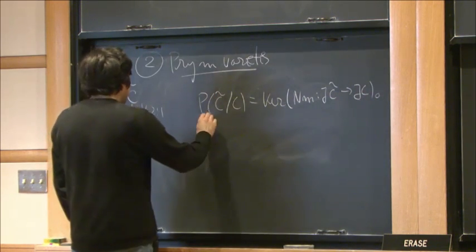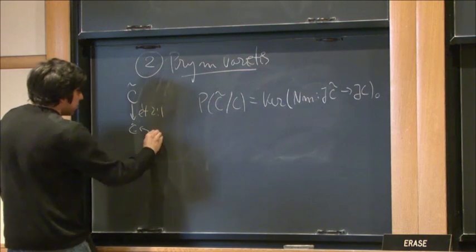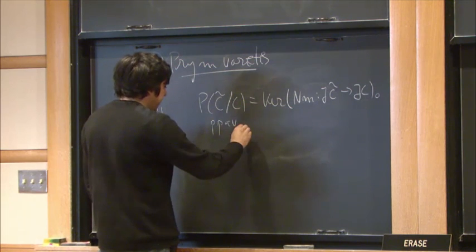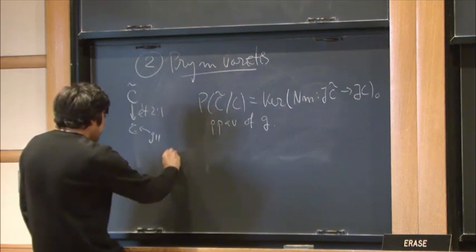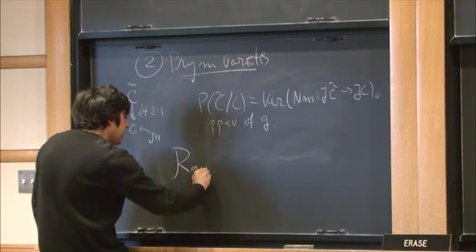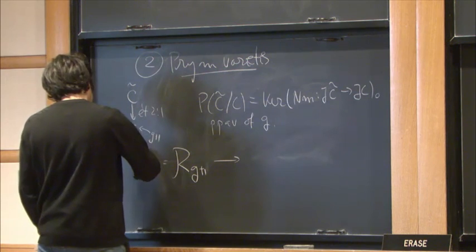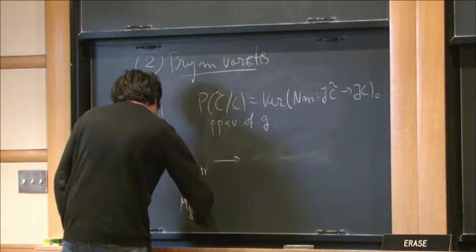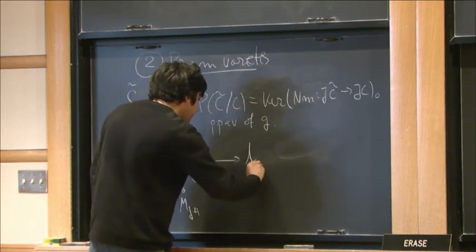So anyway, if the genus of this one is g plus 1, then this would be a principally polarized abelian variety of genus g. So one gets a map from R g plus 1, this is the moduli space of Pryms, which is just a finite cover of M g plus 1, into A g.